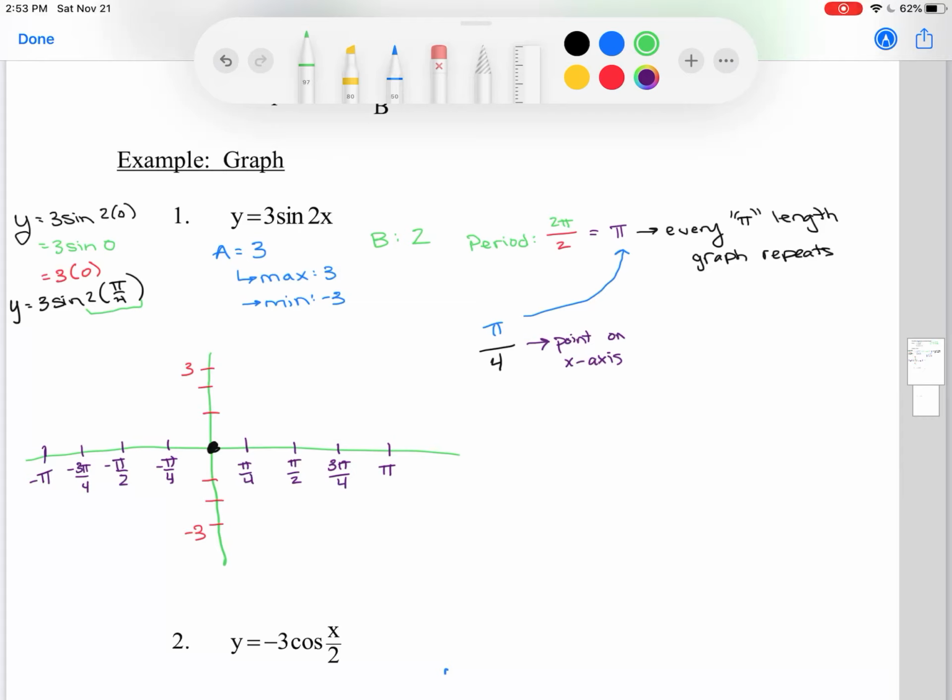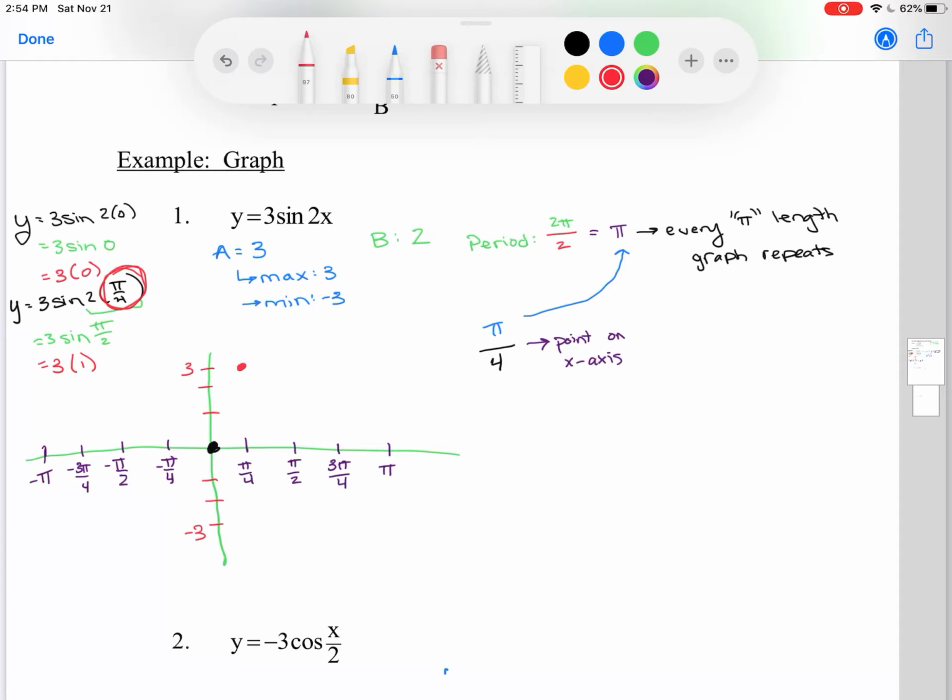Follow the pattern. Do this next point. What is my y value at 3 sine of 2 times pi over 4? Well, simplify this first before you look at your unit circle. 2 times pi over 4 is going to give me 2 pi over 4, which will now simplify to pi over 2. And now I say, well, what is sine at pi over 2?